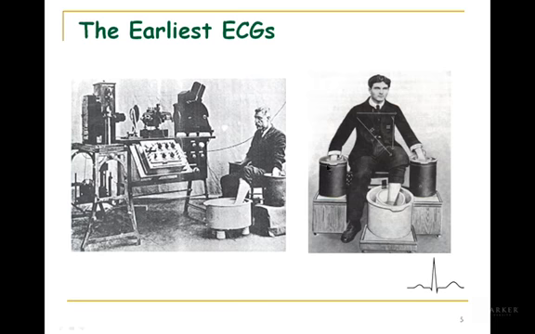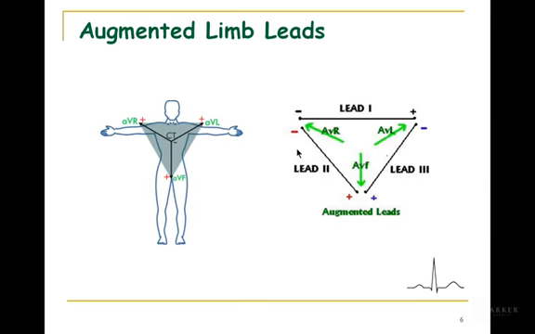Now, again, this utilizes the same placement of the electrodes that you saw for the standard limb leads. You have an electrode placed on the right wrist, one on the left wrist, and one on the left foot. The augmented leads are called unipolar leads because the machine creates a single positive recording electrode in reference to a combination of the other electrodes.